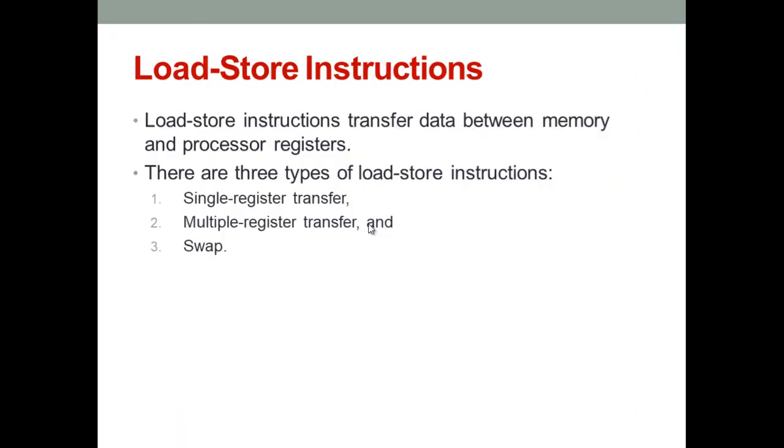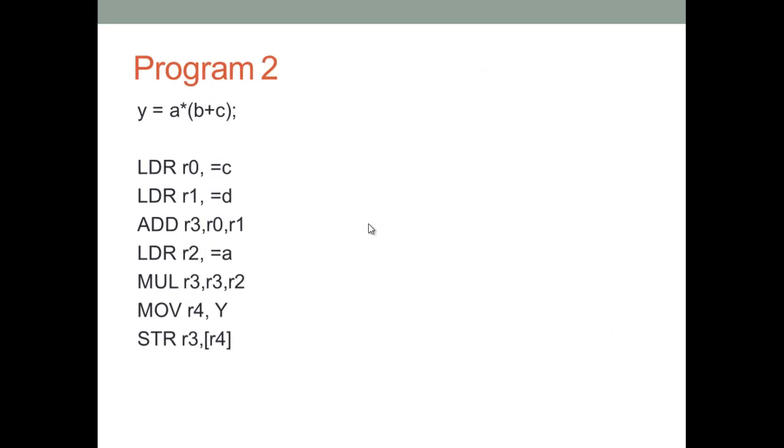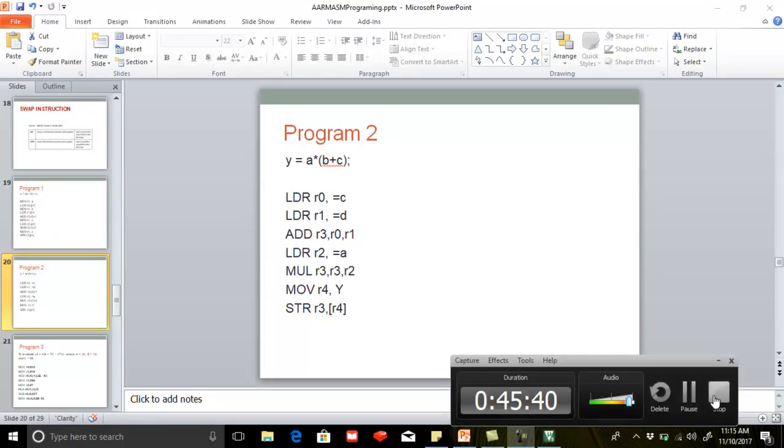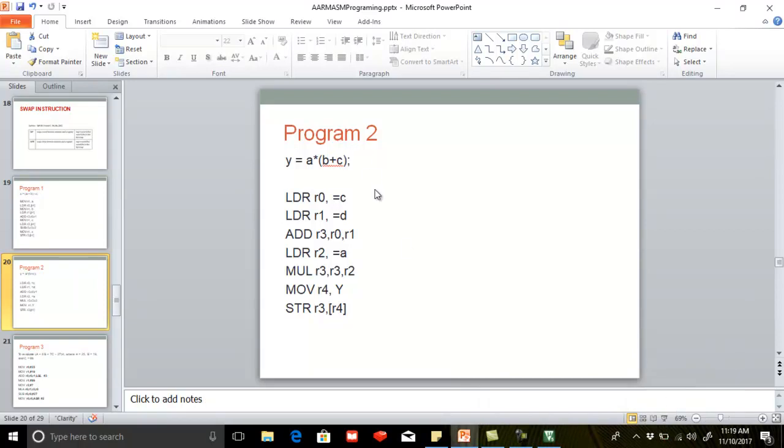So program 1 is a simple basic program. Program 2 is with multiplication. So it's again the same with the multiplication operation. The simplest of programs we have. Program 2 is pretty much a simple program which has y equals a into b plus a.